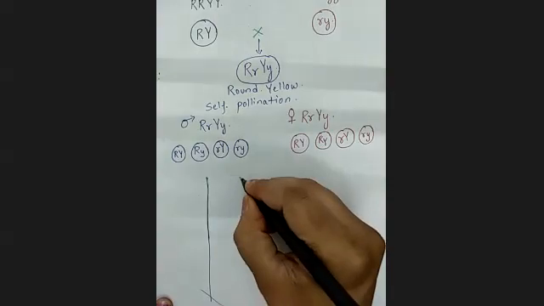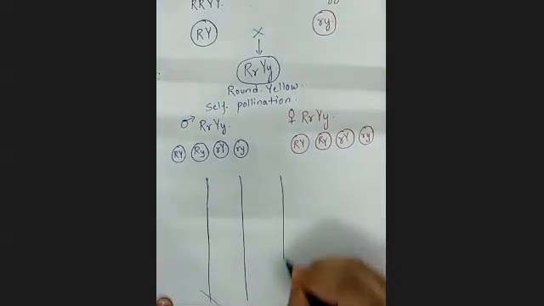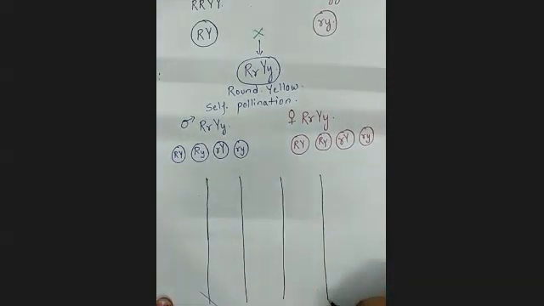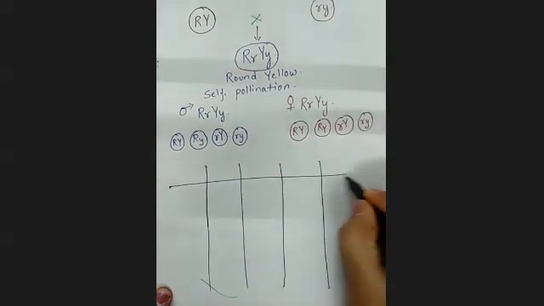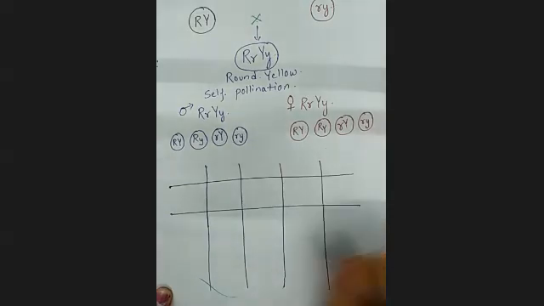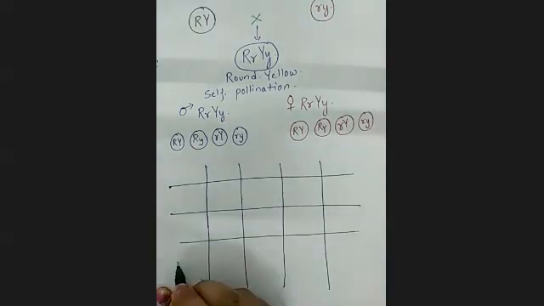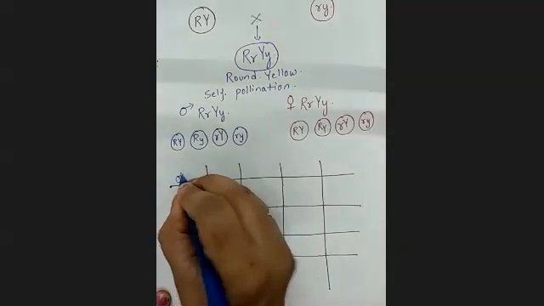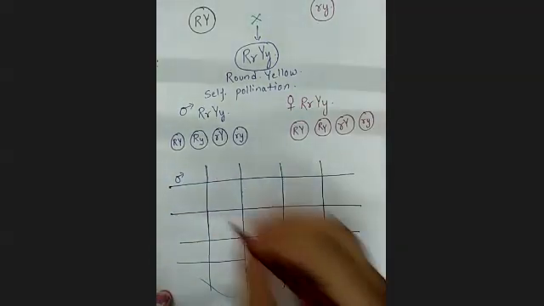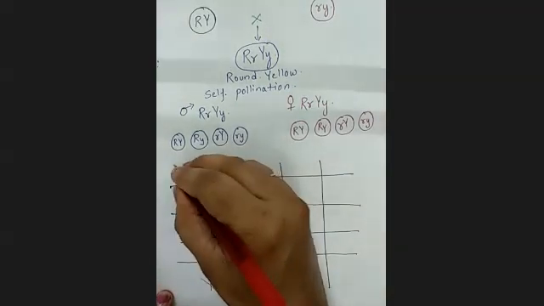If we go by the language of biology, this is called a checkerboard. In this, he took males and he took females.